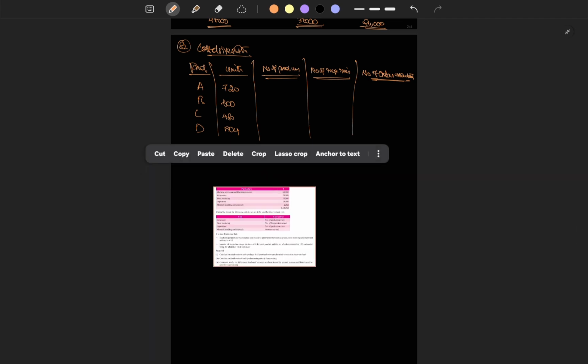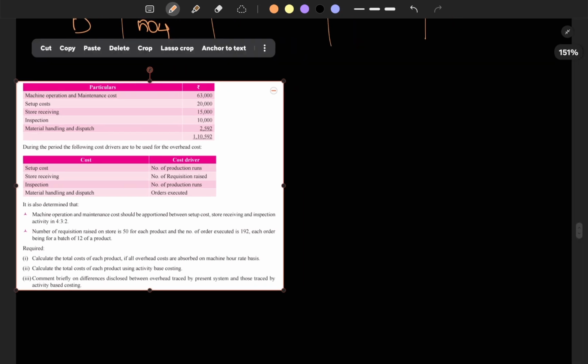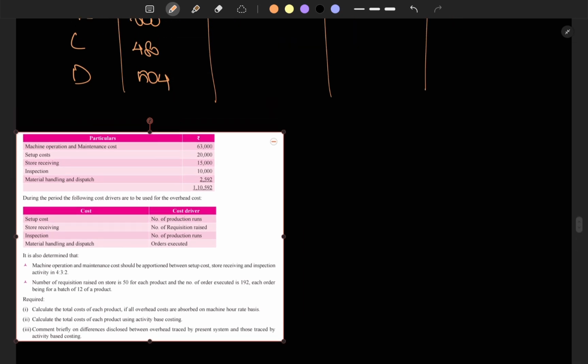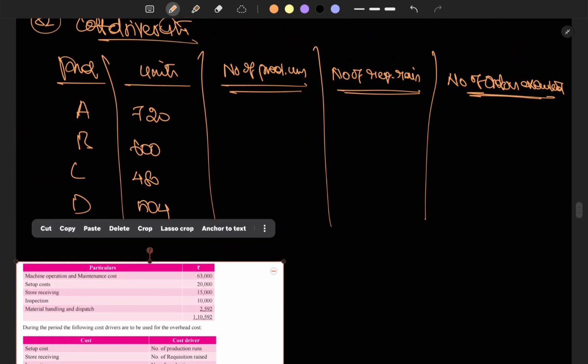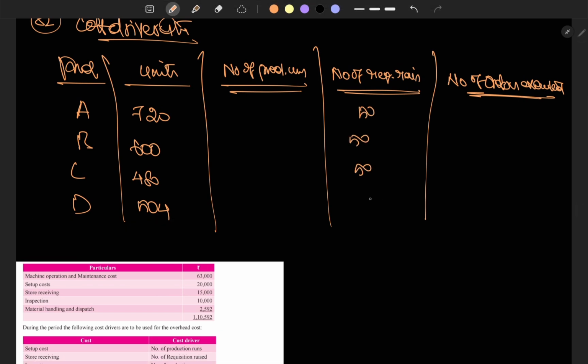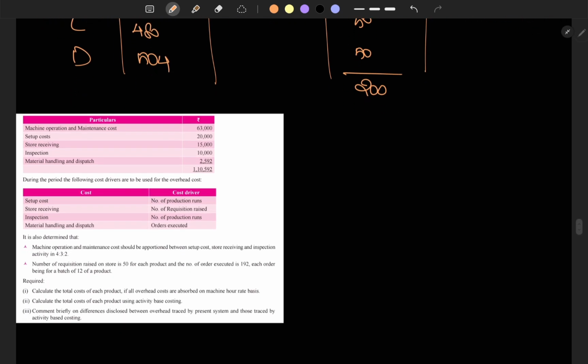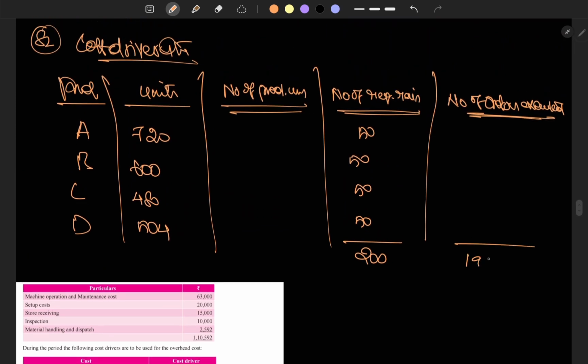Number of requisitions raised on store is 50 for each product, so the figures are 50, 50, 50, 50, so total 200. Number of orders executed, total, they have given 192.